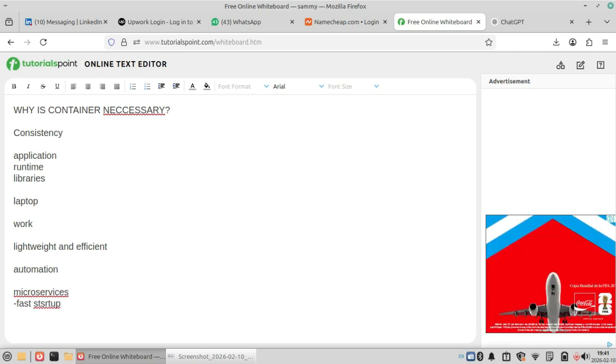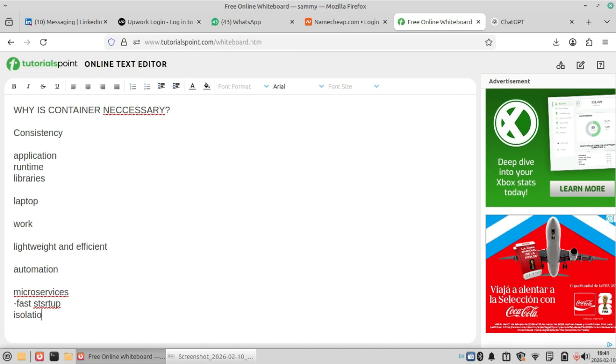Microservices need lightweight isolation, and microservices also need independent packaging. So containers make all of this realistic. All right. So it is realistic to run many services without heavy infrastructure problems.